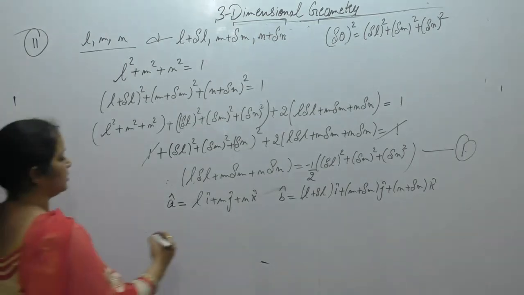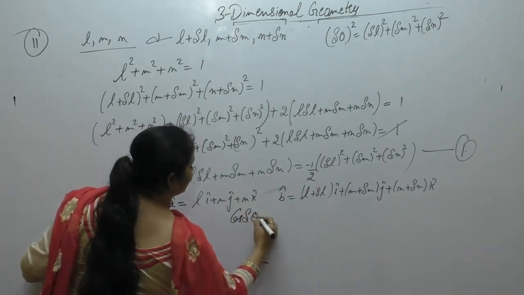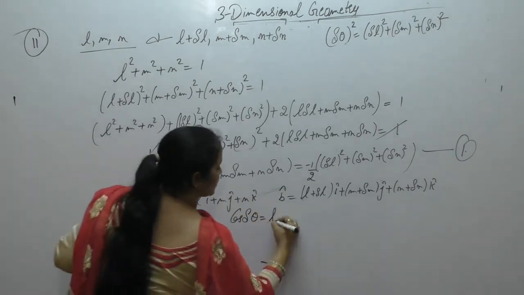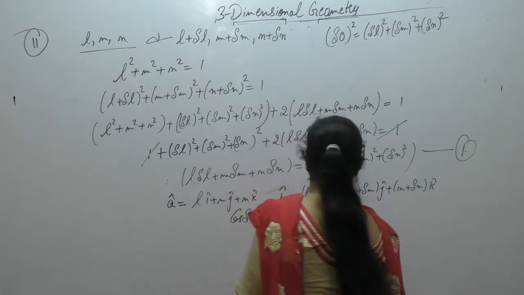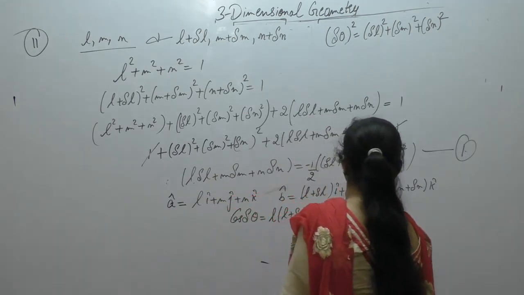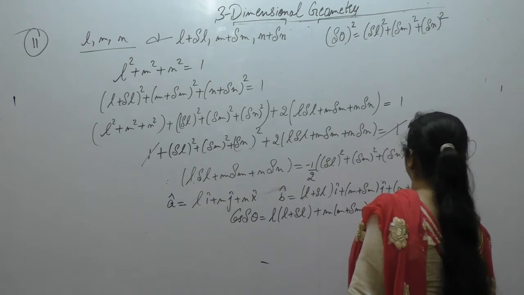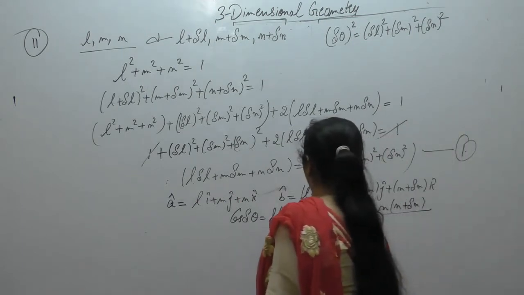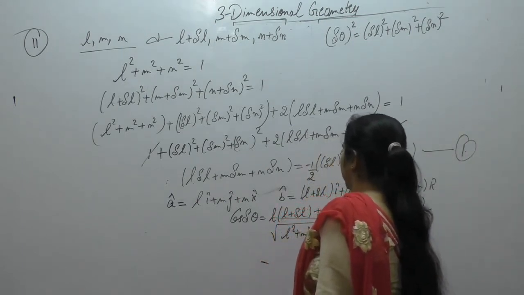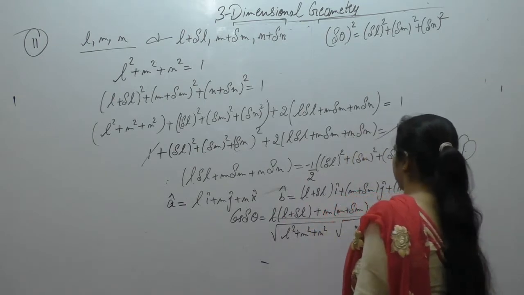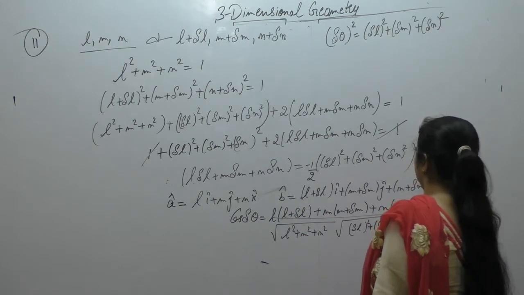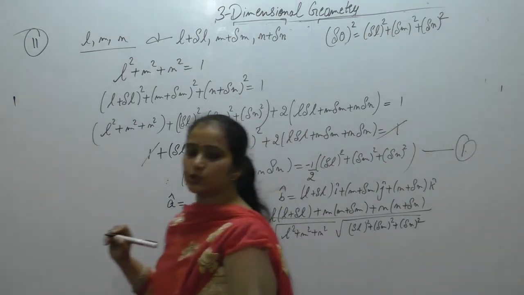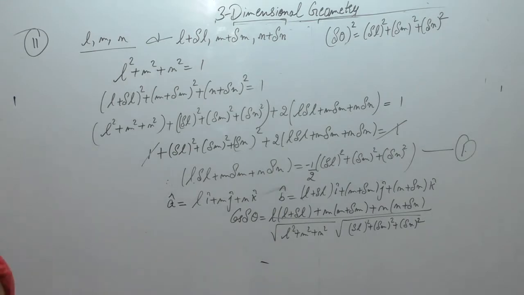Now we know cos of delta theta, this into this, so l into (l plus delta l), the dot product of these, m into (m plus delta m), n into (n plus delta n), upon square root of l square plus m square plus n square, times square root of (l plus delta l) square plus (m plus delta m) square plus (n plus delta n) square. l square plus m square plus n square has value 1.